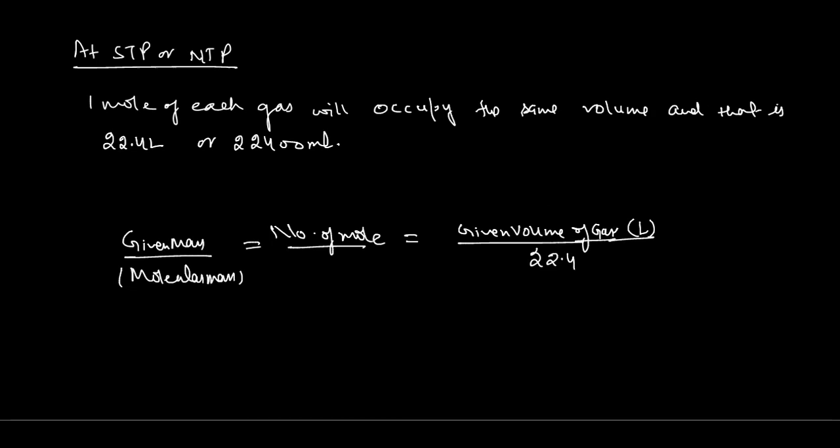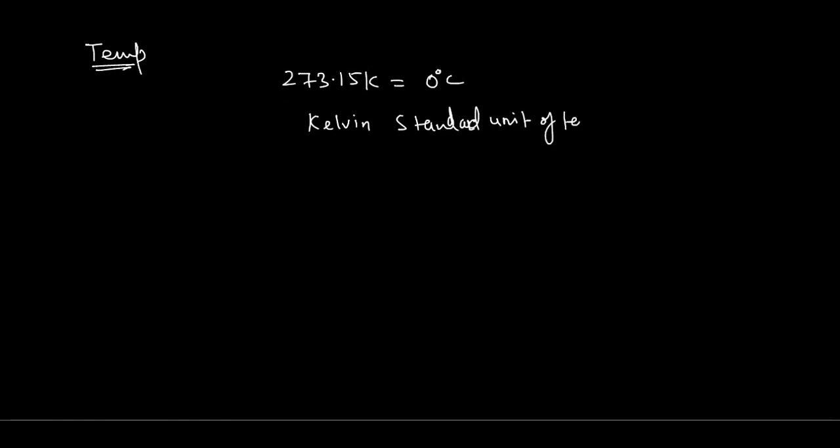Now moving to the next term, the temperature. You are very much familiar that temperature is T, the last unit that we're going to discuss, and we know that 273.15 Kelvin is equal to 0 degree Celsius, and Kelvin is the standard unit of temperature.